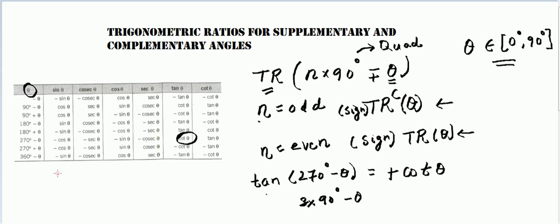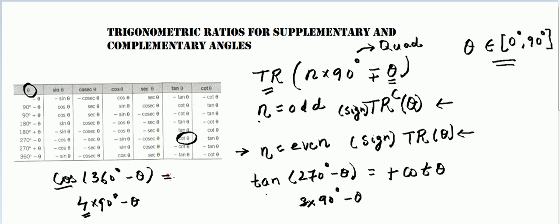Okay. Let's take another case. Let's say cos of 360 degree minus theta. Now 360 degree is 4 times 90 degree. Hence, we will stick with the same trigonometric ratio cos because n here is even. Please follow this case, n here is even.